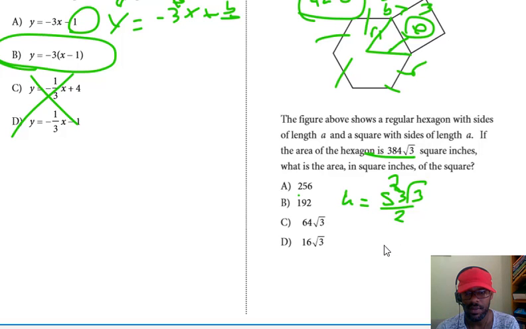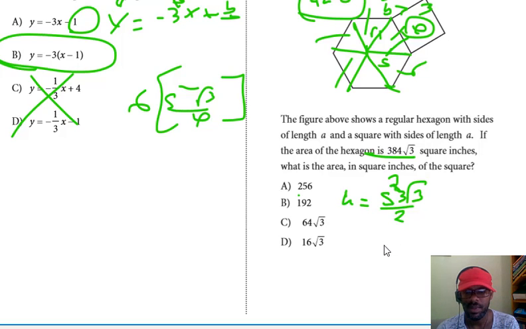This is an equilateral triangle having side length s. So the area of an equilateral triangle is s squared root 3 over 4. Since you have 6 of these, 1, 2, 3, 4, 5, 6, just multiply by 6. Anyways, this is the same as 384 root 3.